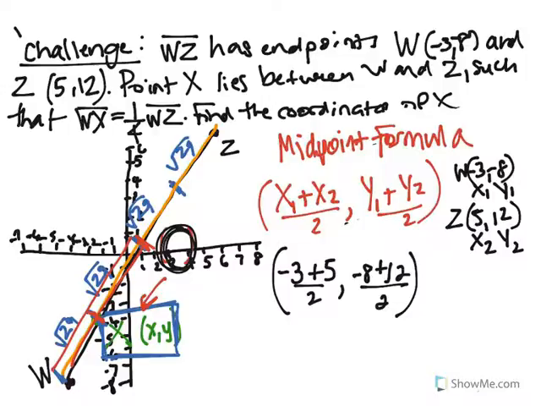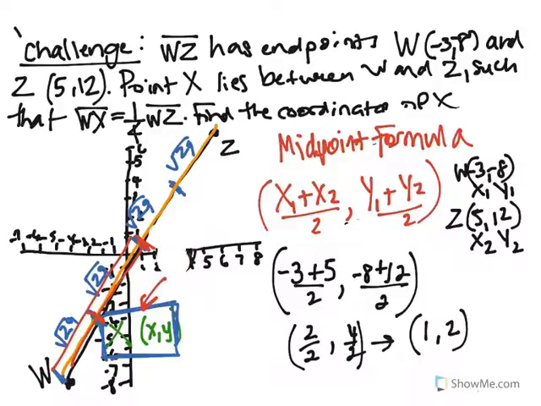And I get -3 plus 5, that's the same as 5 minus 3, I get 2 over 2. And then I get -8 plus 12, same as 12 minus 8, and I get 4 over 2. This reduces to (1, 2). Okay, so I know that this point right here, the midpoint of WZ, is (1, 2).